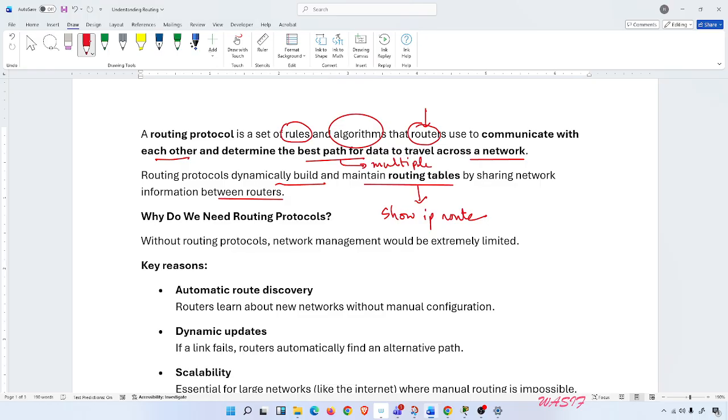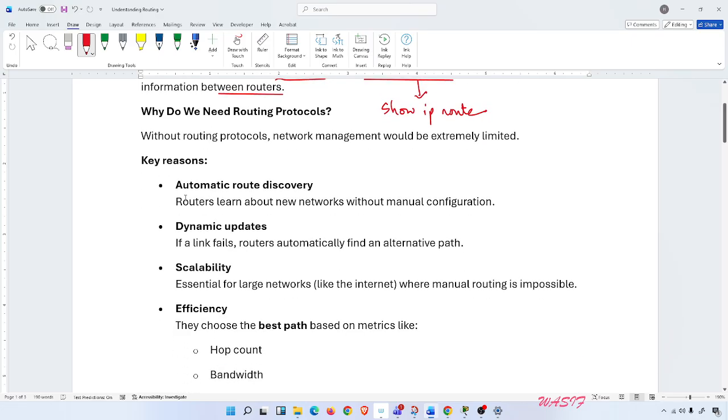Now, why do we need a routing protocol? Without a routing protocol, network management would be extremely limited. First of all, there are reasons like route discovery, where automatically you know the destinations. For example, if you look at here, we have three routers, R1, R2 and R3. R3 knows some information and will advertise it to R2, and R2 will advertise that information to R1.